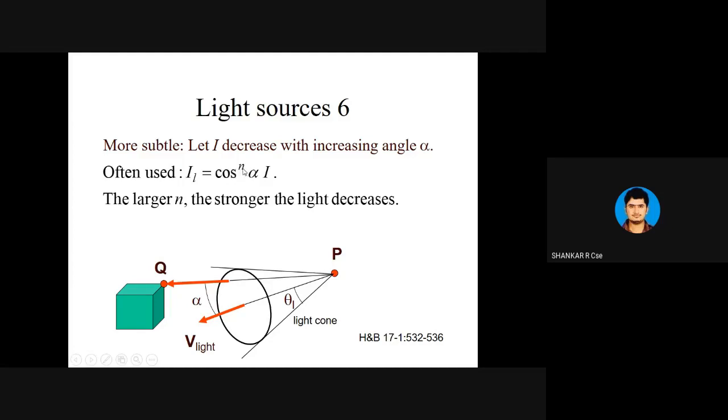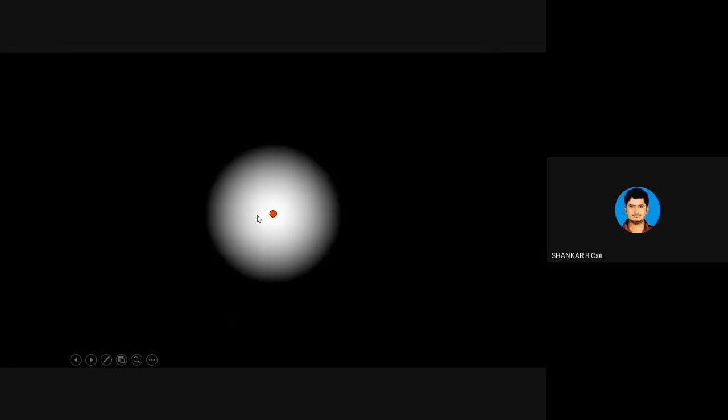If you keep on increasing this, if alpha keeps on increasing like this, the intensity will be decreased. Means if this gets increased, obviously Q's intensity will be decreased. That is, I'm just putting it in different terms. One is the vector one, one is this one. So the larger the n, the stronger the light decreases. One more way, something like this.